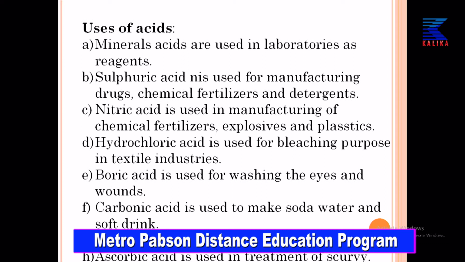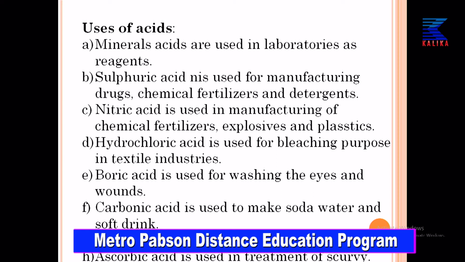We are very familiar with it. Similarly, boric acid is used for washing the eyes and wounds. If something gets inside our eyes, boric acid is used simply to clear those substances or particles from the eyes, and from wounds also.